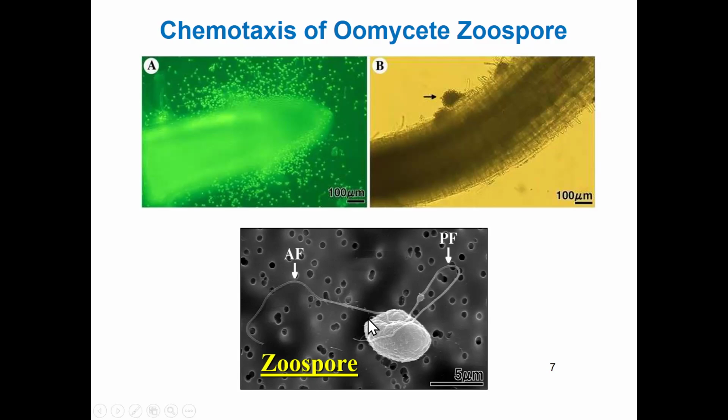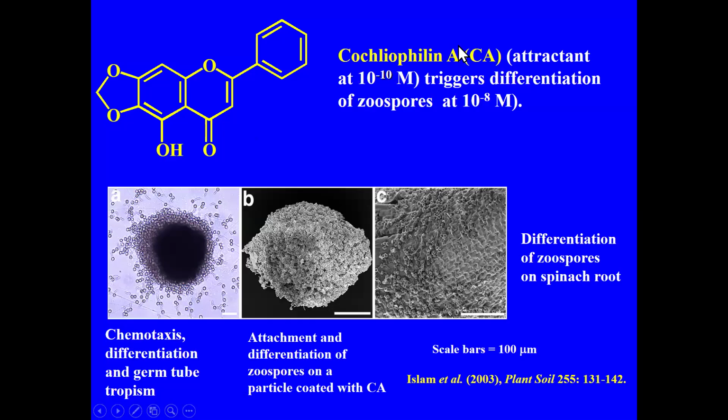So at the time, we knew that zoospore has an anterior flagellum and another posterior flagellum for swimming and finding the host. So it was a long journey to discover the real signaling molecule that triggered zoospore to show the chemotaxis.